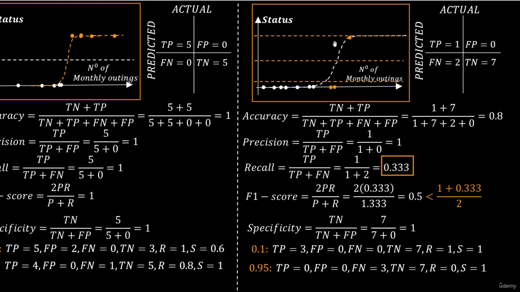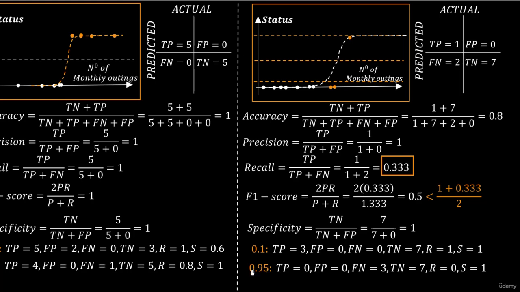So normally these 2 points step up and get to this level. So we have now these 2 points at this level, telling us that the number of true positives is 3, since these 2 were initially positives. And now with this threshold, our model correctly classifies these 2 values. The number of false positives is 0, the number of false negatives is 0, and the number of true negatives is 7. So we have the 7 values still. So this gives us a recall of 1, accuracy 1, specificity 1.